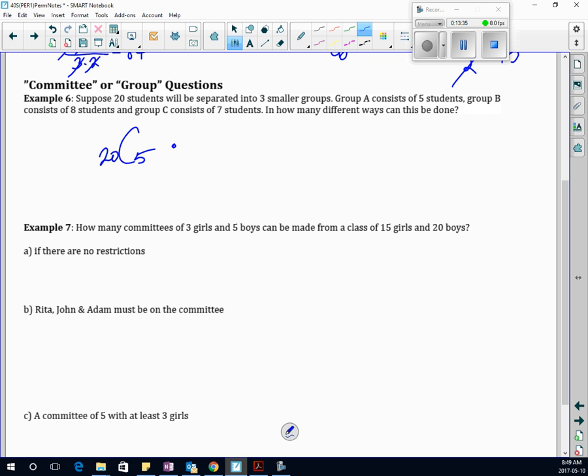They're just in a group together, right? Okay, so what is this going to be? 15C8. And the last group gets the leftover. So that would be 7C7. And what was 7C7 equal to again? 1. Do you see the last group doesn't get a choice?